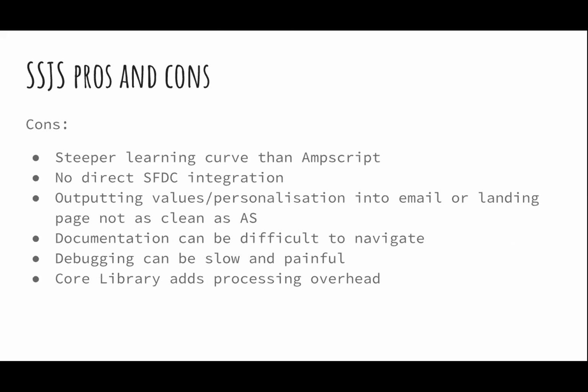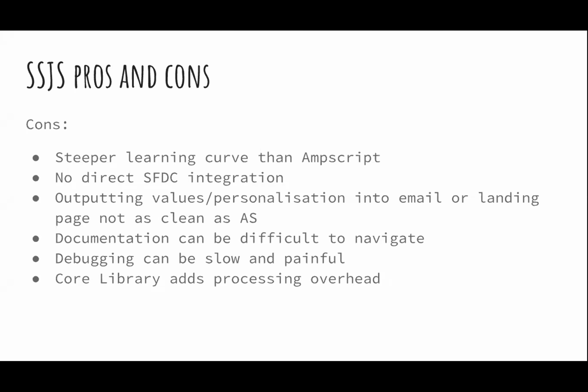So cons: it's a steeper learning curve than AMPscript. AMPscript's pretty simple, I would suggest. The syntax is simple. There's a lot more complexity to the syntax in JavaScript, but that comes from generally more capability. Once you've got the basics of JavaScript syntax, it can be pretty straightforward. There are no direct SFDC, Salesforce CRM integration functions that I know of.